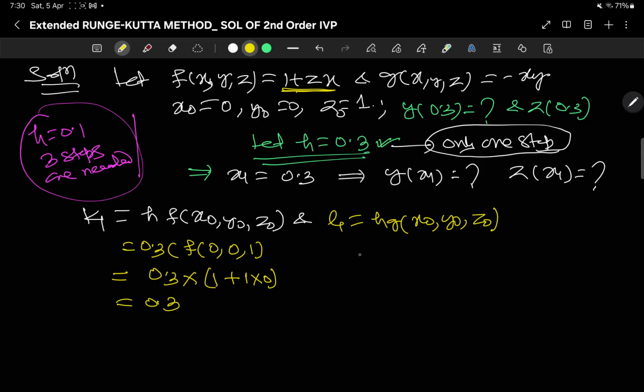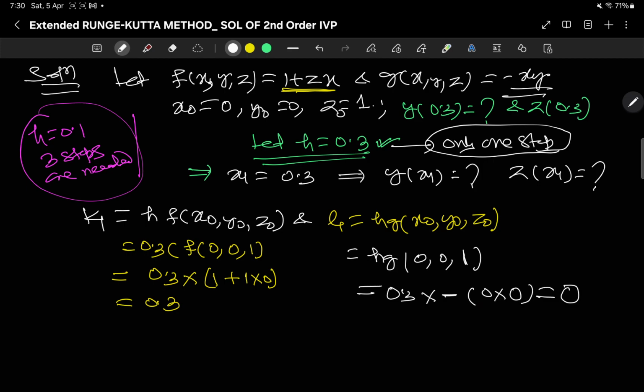And what is my l1? L1 is equal to h g of 0, 0, z0 is 1. So this is minus xy, so h is 0.3 into minus of 0 into 0, which is equal to 0.